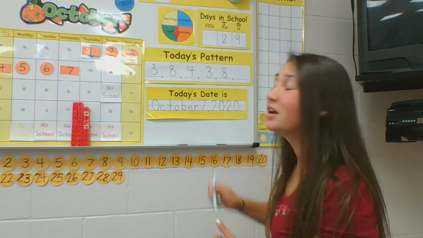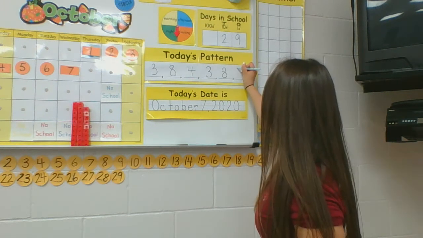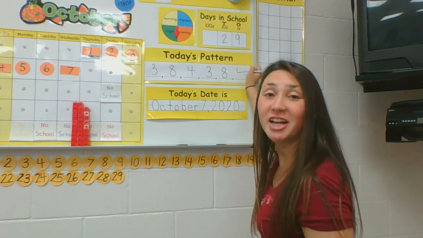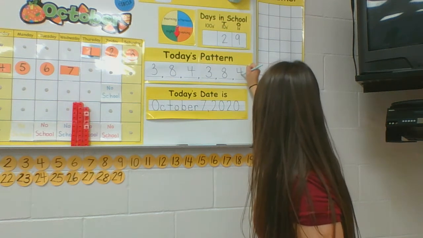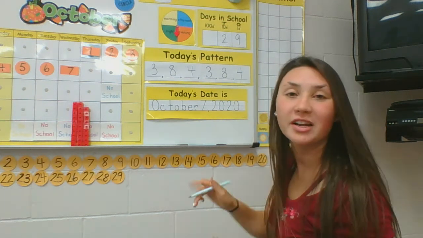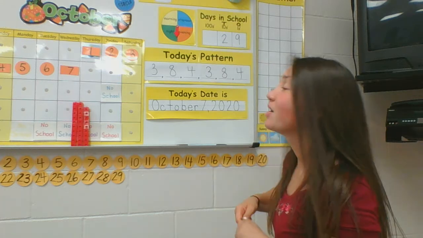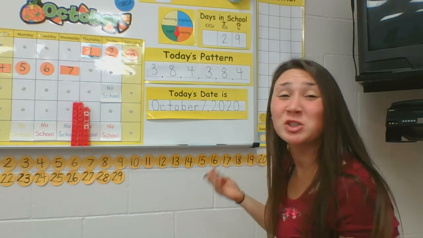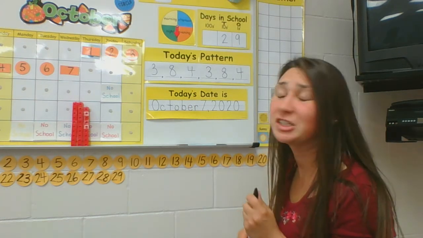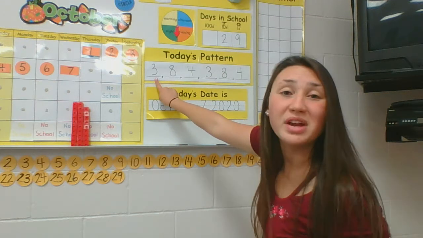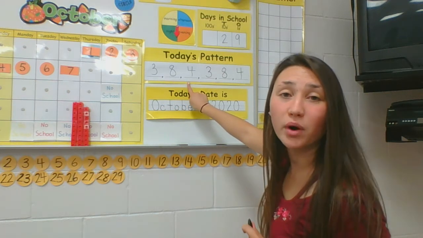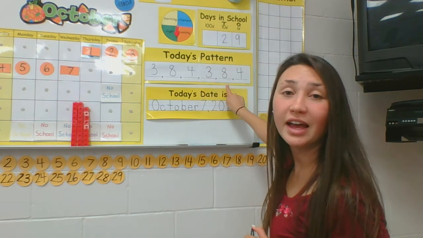So to make a 4, down, slide right, and then you cut it in half, just like that. So say it again with me just to double check our work, because that's a good thing to do. Ready? 3, 8, 4, 3, 8, 4. Good job, 5K.